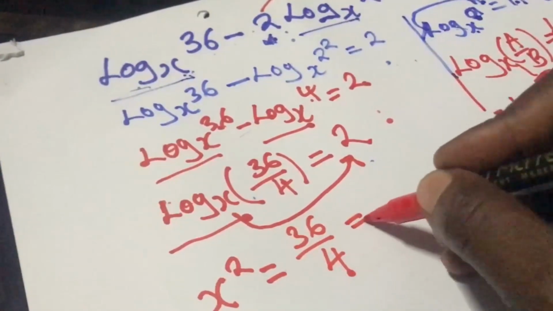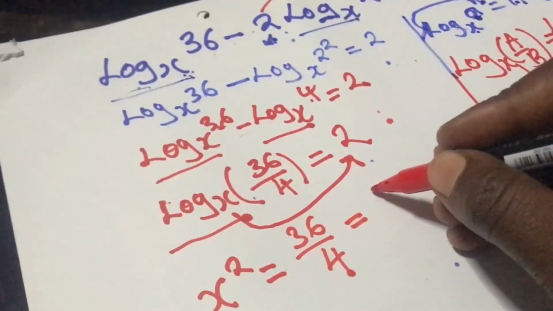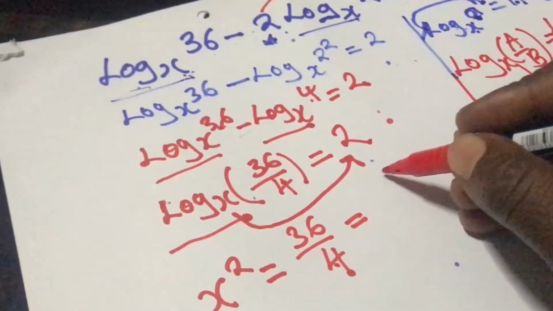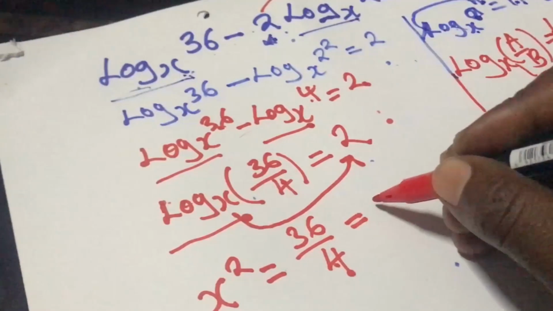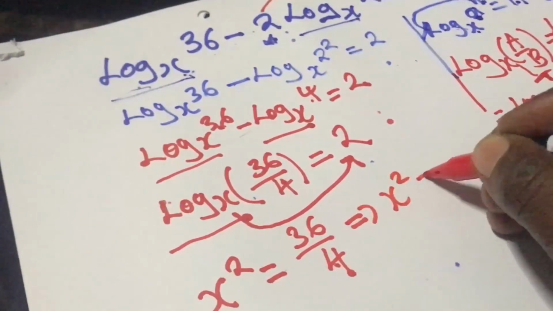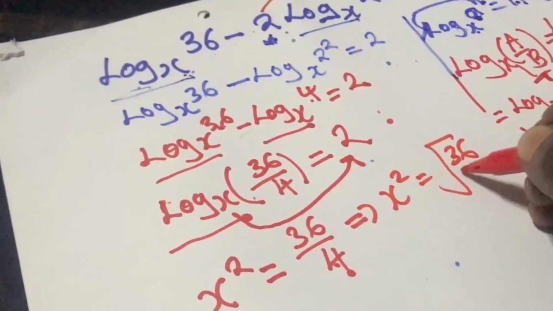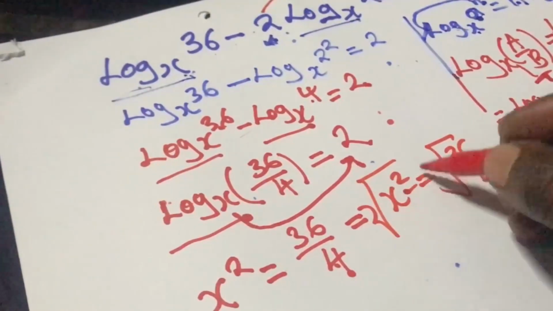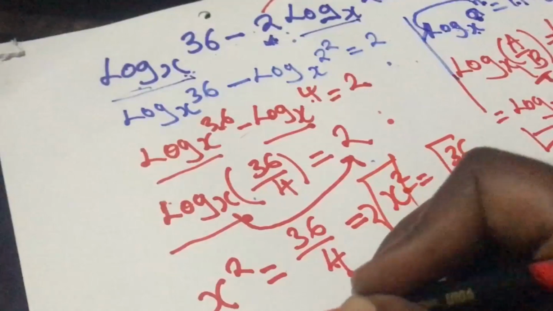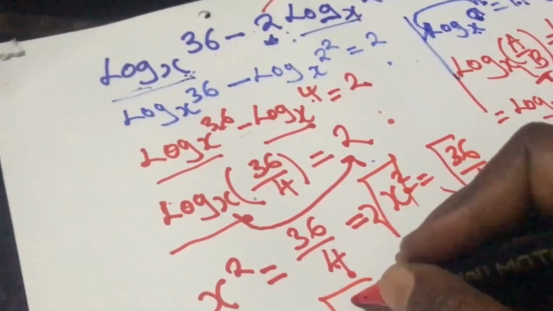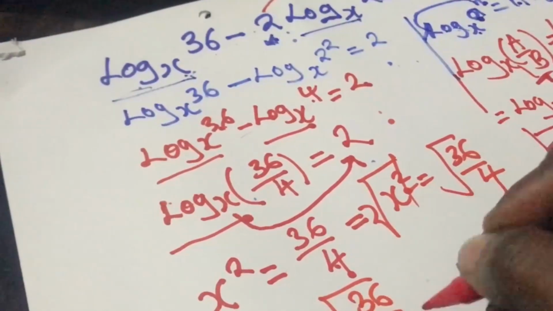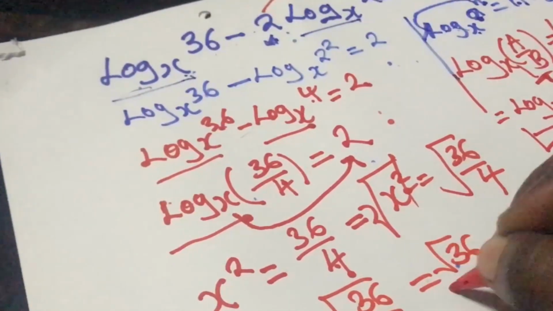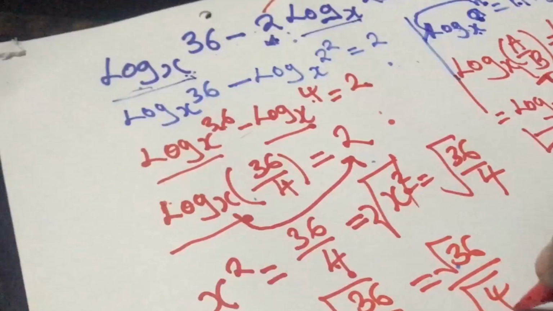So you are going to find the square root of 36 over 4 and the square root of x squared. Of course, these will cancel. You are going to remain with x equals the square root of 36 over 4. This is the same as the square root of 36 over the square root of 4.